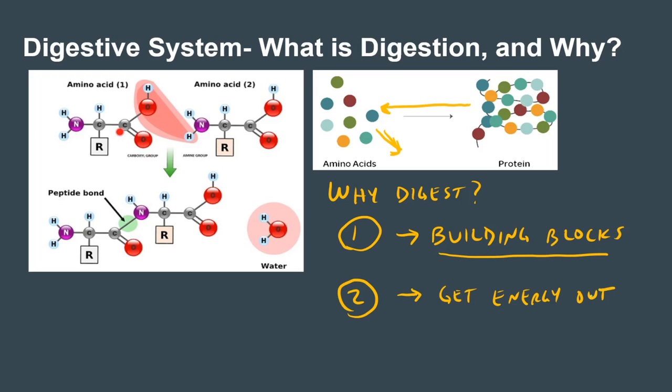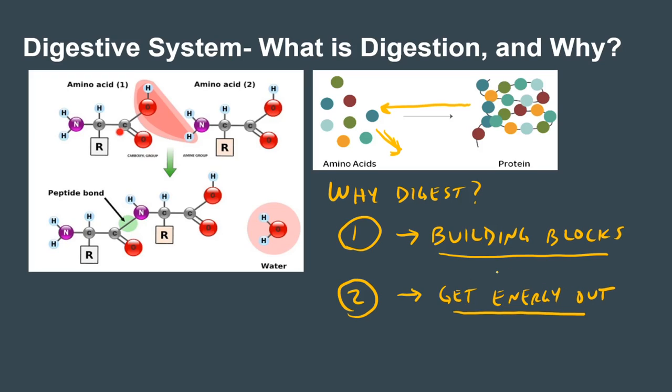You get energy out of that process for some chemical reactions. Some chemical reactions, you can only get them to go if you put energy in. But usually when your body's breaking down big molecules, you are getting energy out. So that's the other reason: your body needs the energy.